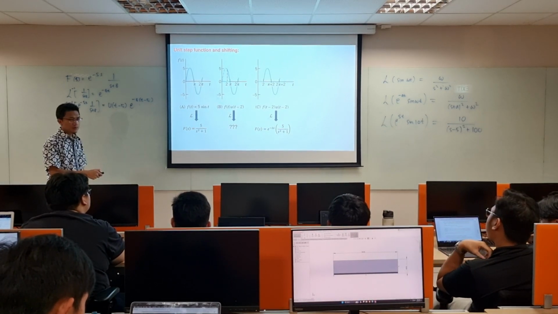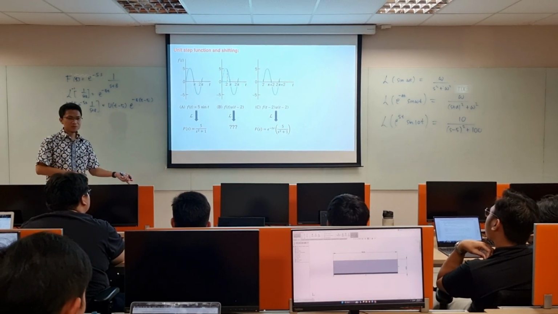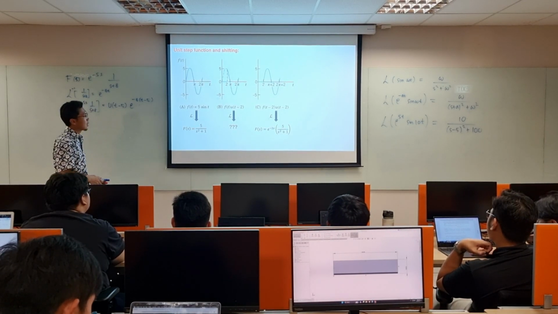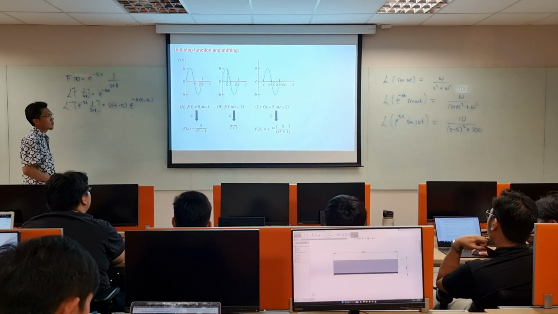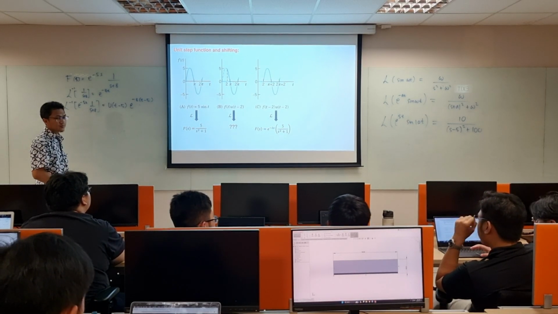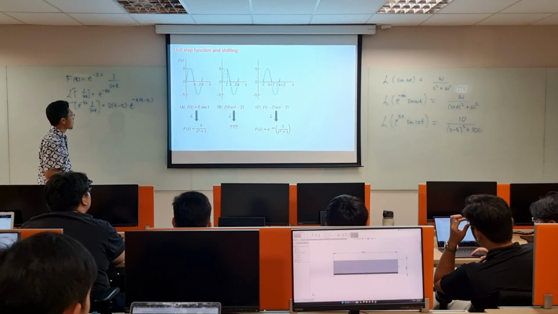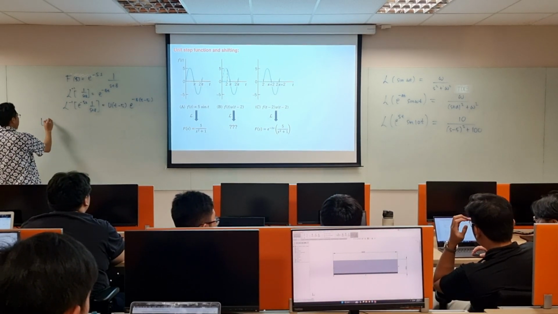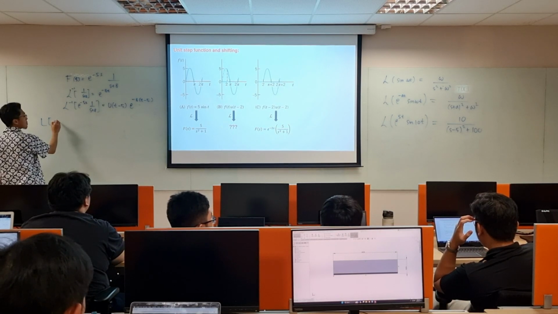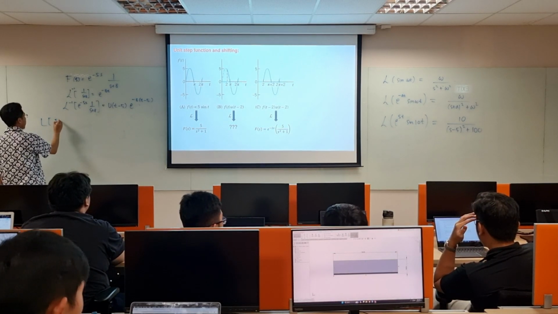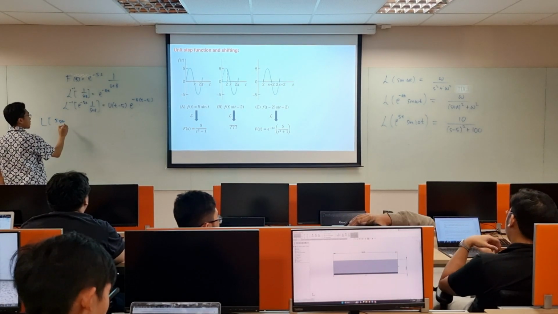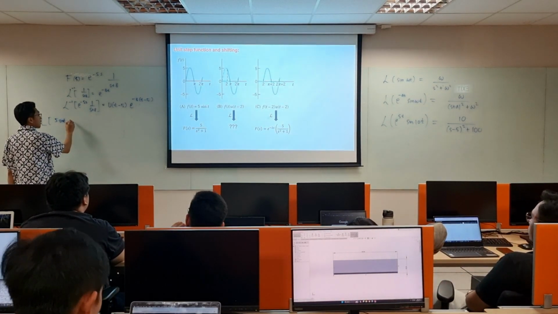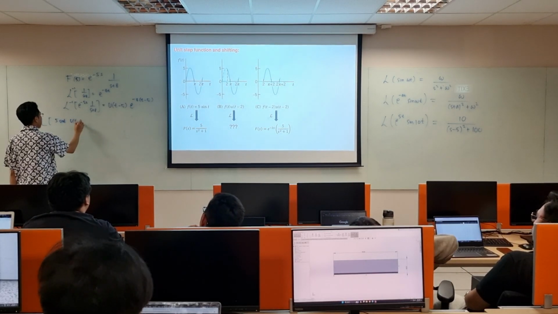And what about this one? Still remember? I showed it to you. You integrate from 0 to 2, plus the integral from 2 to infinity. So I write it here, the Laplace transform of 5 sine t multiplied by u of t minus 2.